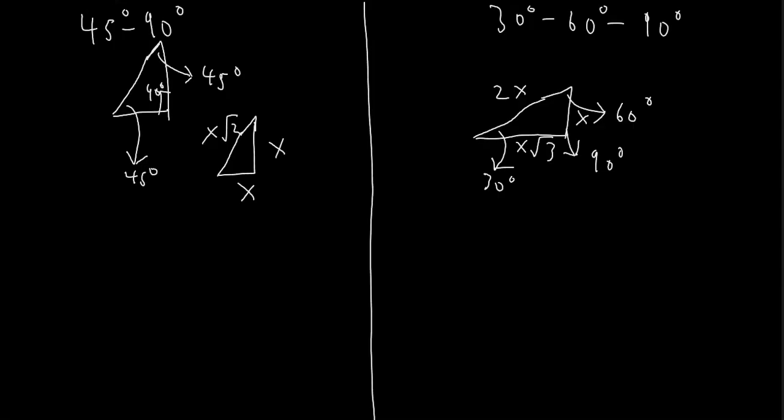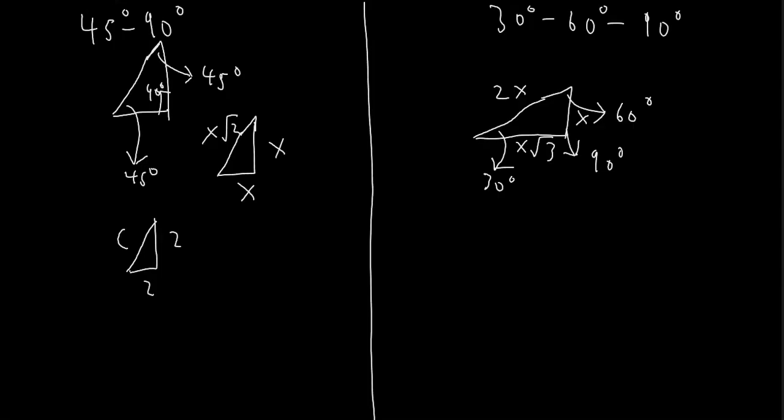So now we'll do an example of each. Let's just say we had a triangle like this. So, and it's just 2 here and 2 here. What is C? We'll call it C for now. And I'm already telling you it's a 45-45-90 triangle.